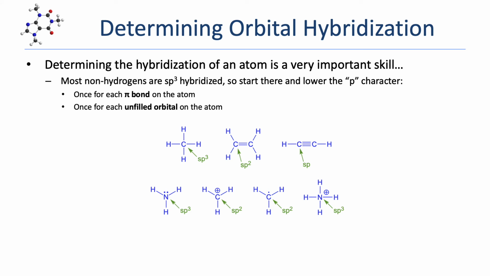Now our last example, we have ammonium, the ammonium cation, NH4+. So let's take a look at this. Again, clearly there are no pi bonds sticking out of that nitrogen because there are no double or triple bonds. What about unfilled orbitals? Well, it's tempting to look and see that positive charge and say, hey, it's electron deficient, it must have an unfilled orbital. But that's not the case.